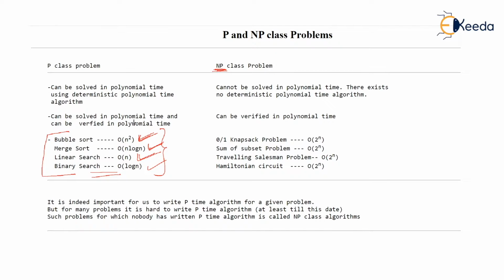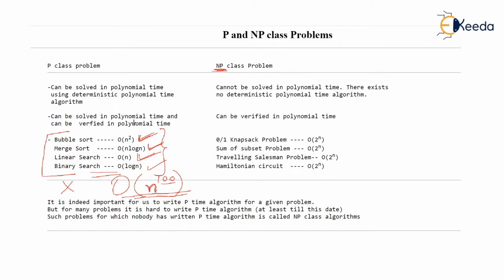Maybe you have got some algorithm x, and its time complexity is big O of n raised to 100. Well, still this problem is polynomial class problem because n raised to 100 is clearly a polynomial of n of degree 100.